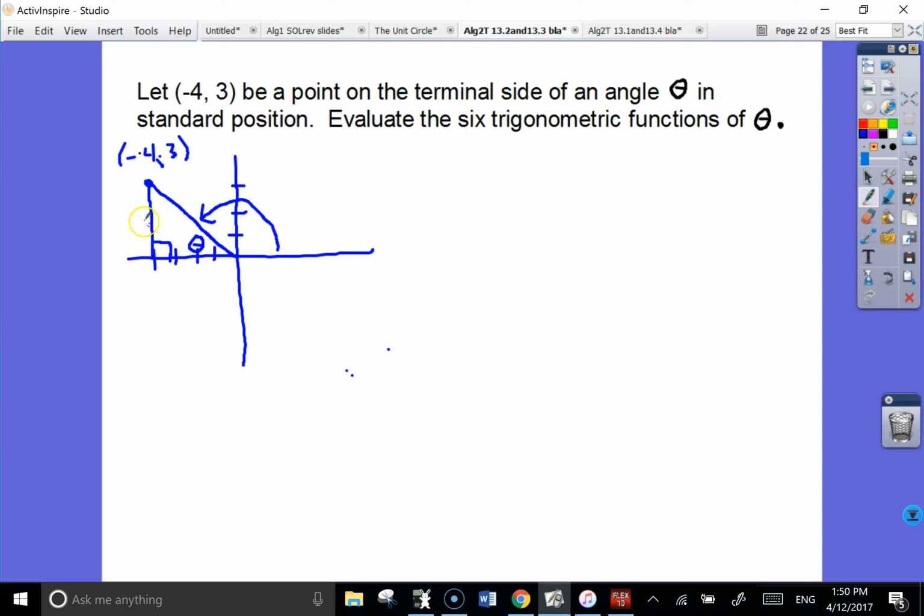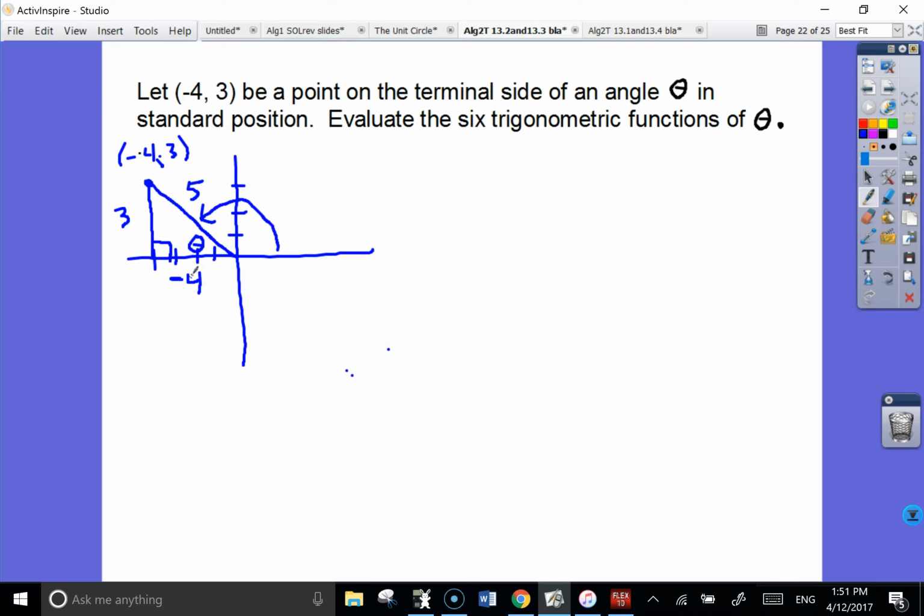This side is 3, this side is 4. For the hypotenuse, use the Pythagorean theorem. This is the Pythagorean triple 3, 4, 5, so that's a 5. Because x is going in a negative direction, we put a negative 4 on that.